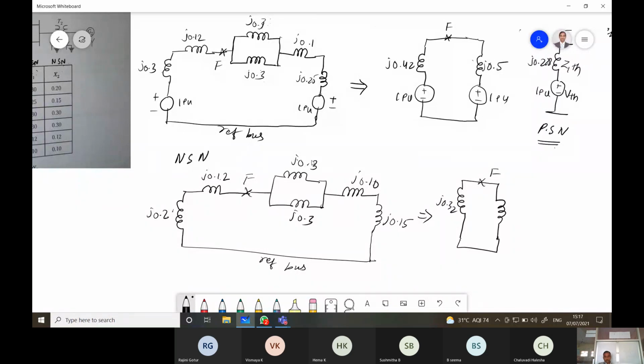This one 0.3 and 0.3 gives 0.15. Same thing, 0.4 you will get, right? 0.15 plus 0.25, J 0.4.